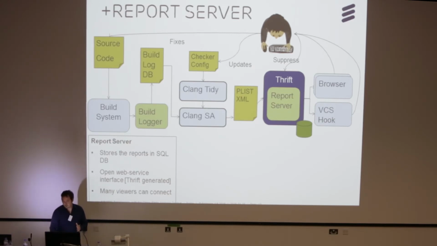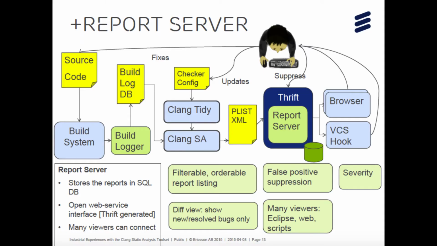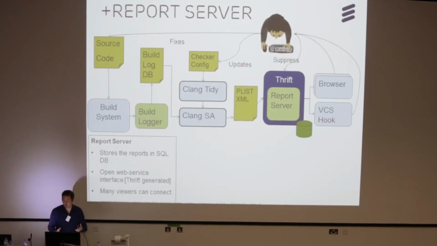It also gives you a configurable transport layer, so it's a remote procedure call definition interface, and you can transport your remote procedure calls through a binary protocol or through JSON or whatever. We defined the API of the report server in Thrift, which allows us to store all the results in a database through the report server.